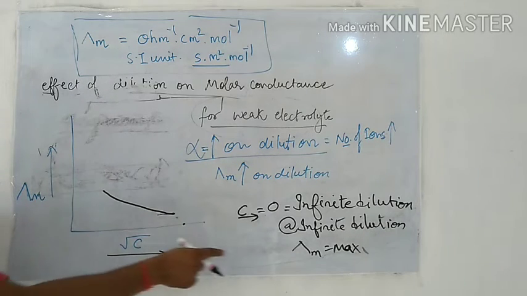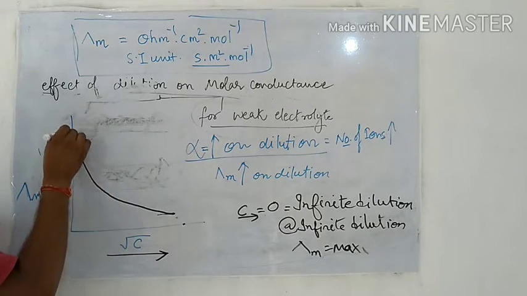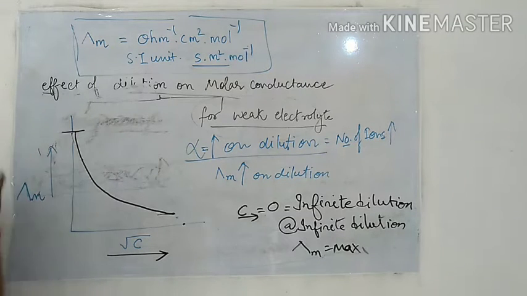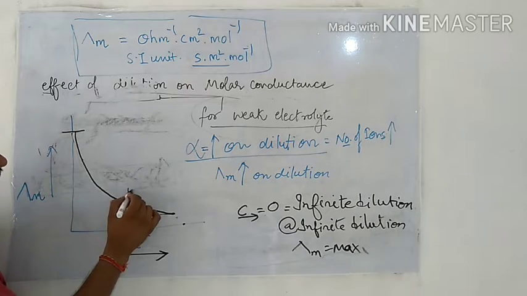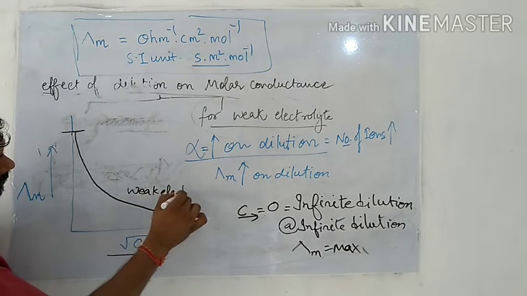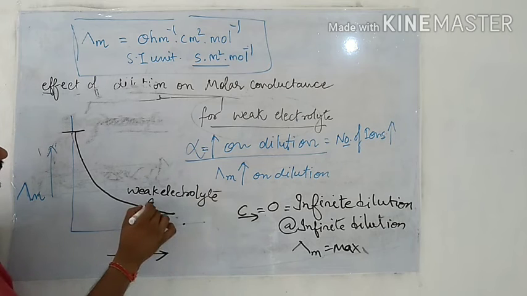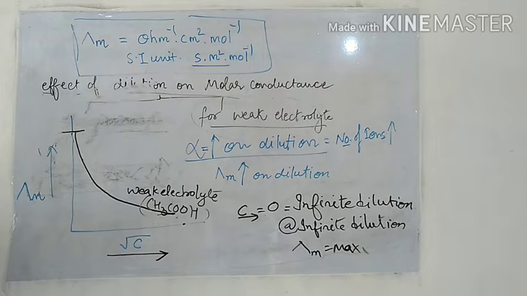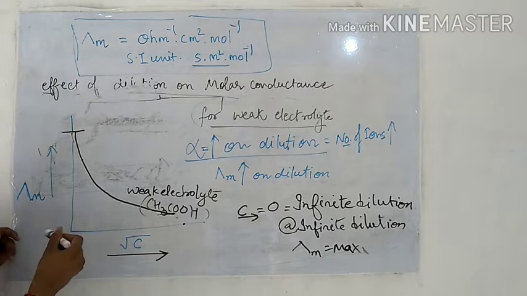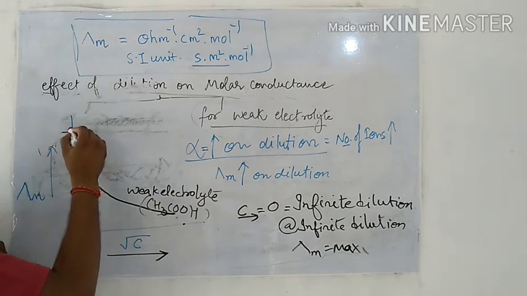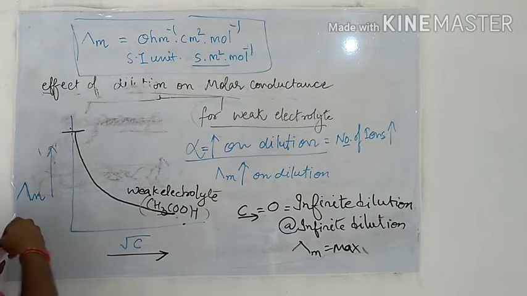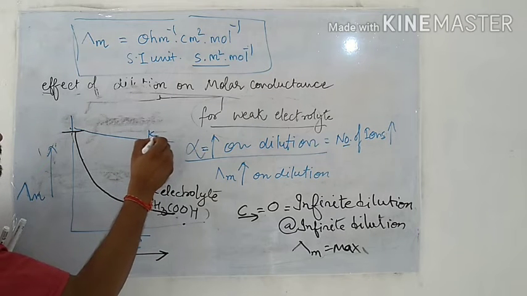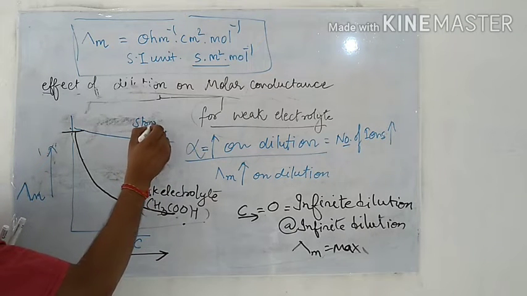At infinite dilution, molar conductance will be highest for a weak electrolyte. So this graph goes like this. You can see this is the highest point of the molar conductance. This is for a weak electrolyte, like acetic acid, which we discussed. And for the strong electrolyte, the graph is like that. This is the strong electrolyte.